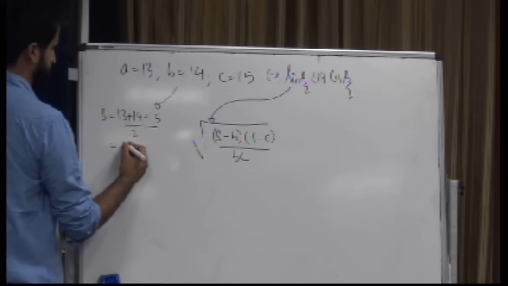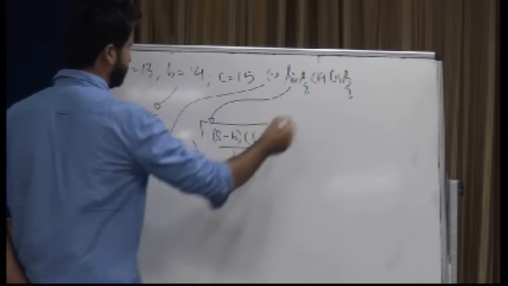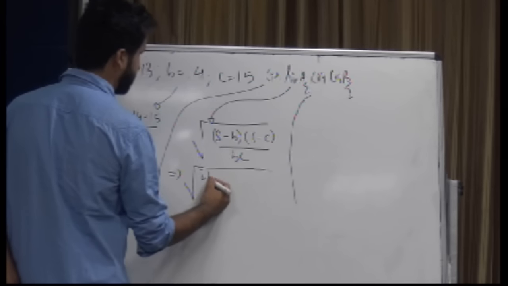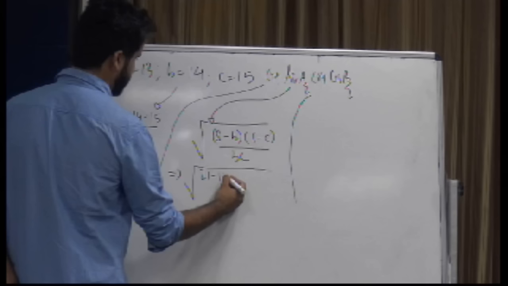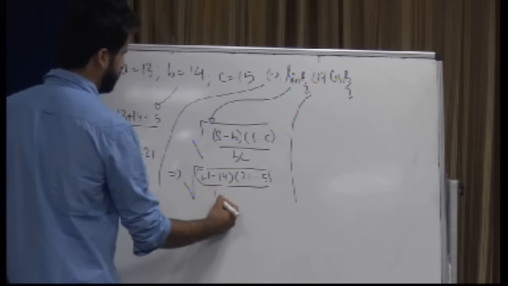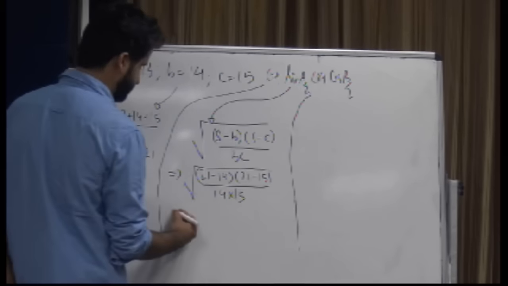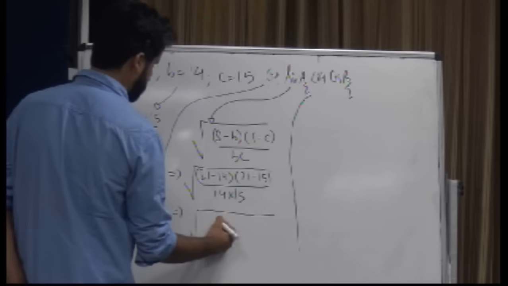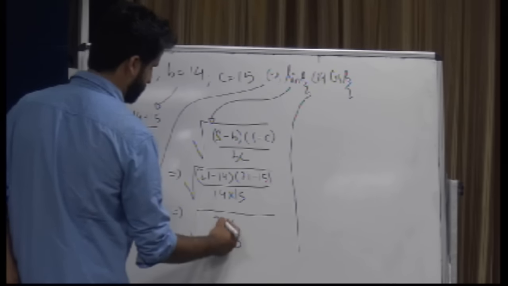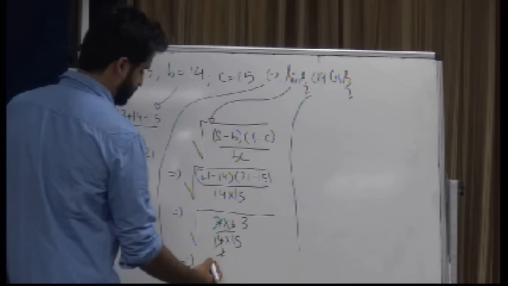S is 21. So sine A by 2 is root of 21 minus 14, 21 minus 15 upon 14 into 15, which is 7 into 6, so 1 by root 5.